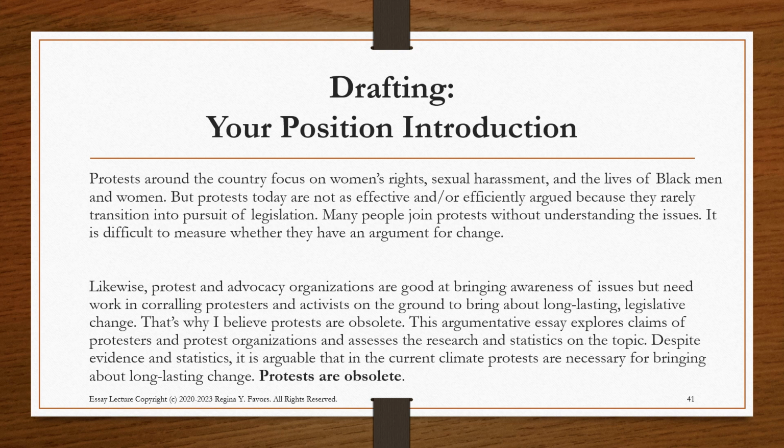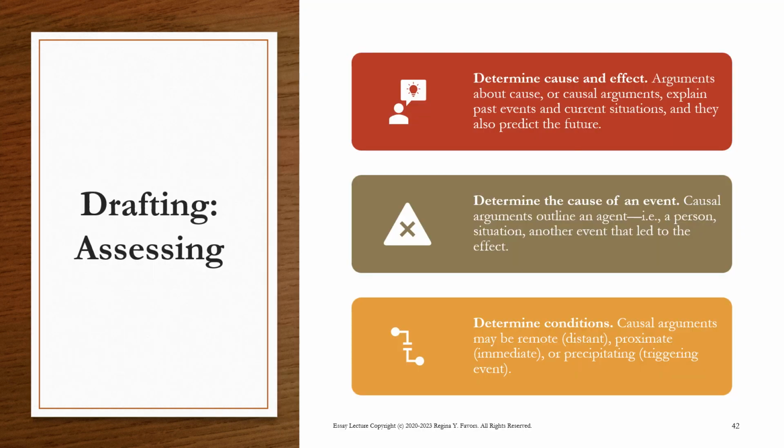Protests are obsolete. So moving from first person I to third person, "protests are obsolete," is a much more academic way of introducing a thesis. So assessing, determine cause and effects, or causal arguments, explain past events and current situations, and they also predict the future.